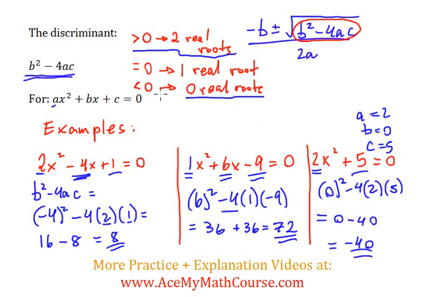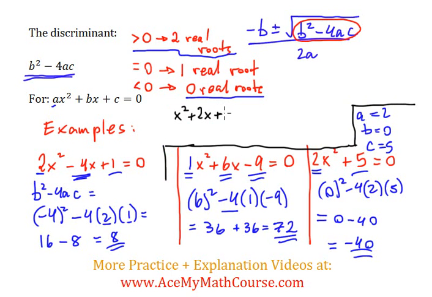Now I'll give you a fourth example, an equation that would actually give us one real root. I almost ran out of room here, so let me just use a different color. So let's say x squared plus 2x plus 1 equals 0. A is 1, b is 2, c is 1.